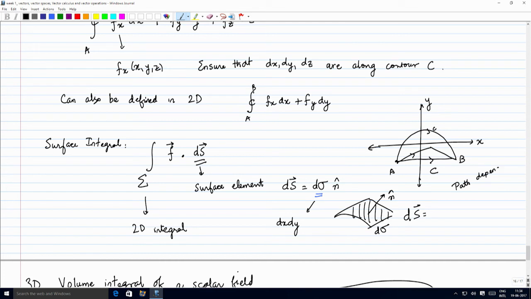Okay. So, there are conditions for path dependence or path independence of line integrals. So, the question is, when are these line integrals dependent on the path and when are they independent of path? Okay.